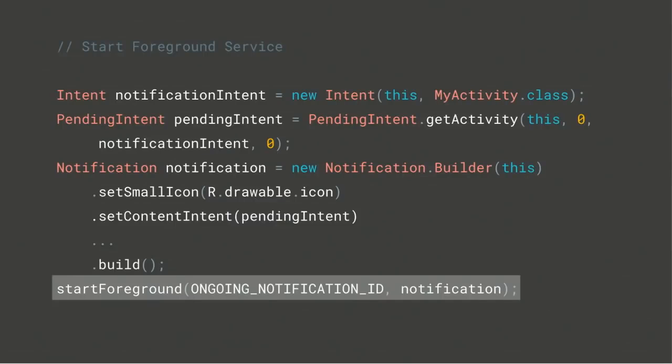To start a foreground service, create a notification and supply a pending intent to be called when the notification is clicked. By calling startForeground, or if your app targets Android O, calling startForegroundService, the service becomes foreground while you're showing ongoing notifications to the users. Now, do not forget to stop the foreground service if foreground location is not needed anymore.